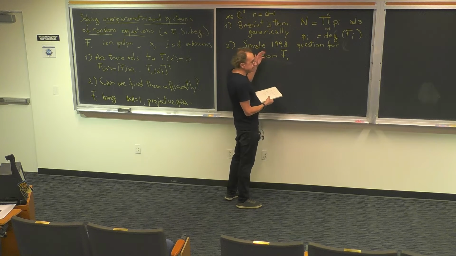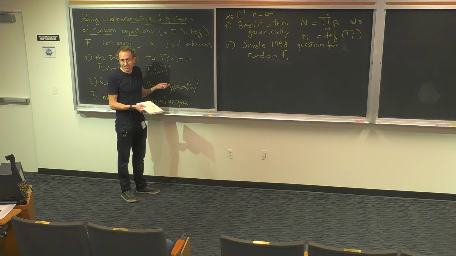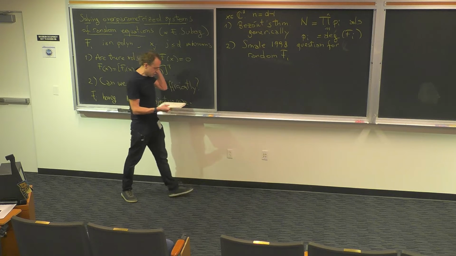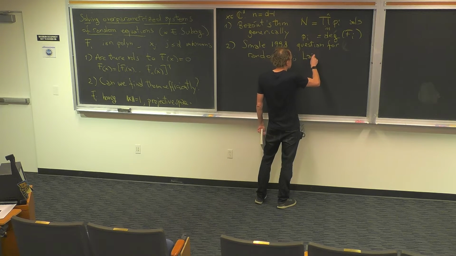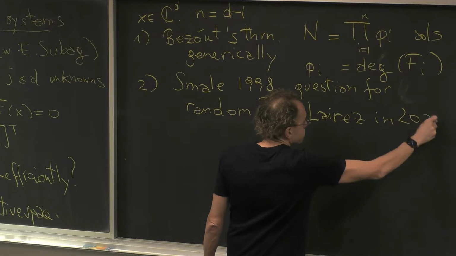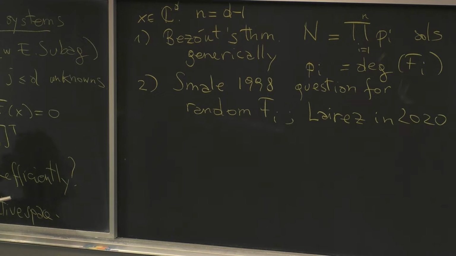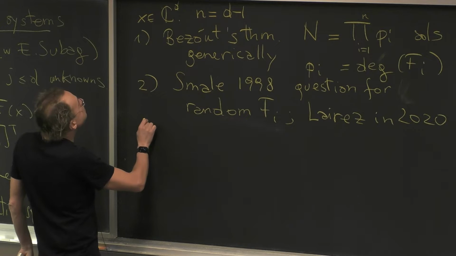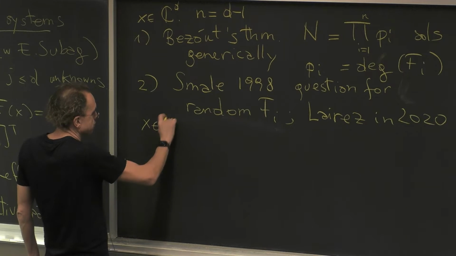He listed a list of problems for the next century, a kind of repetition of Hilbert's list of problems, and this was one of the problems that was solved by Lairez in the affirmative in 2020. Okay, so this is the situation for the complex case, but as you know, it is easier to find solutions over the complex numbers than over the reals.